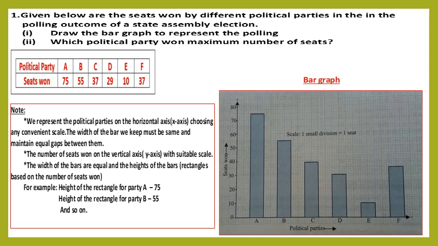They are 75, 30, 55, 37, 29, 10 and 37. For this data, we have to draw a bar graph. Note, we represent the years on the horizontal axis.